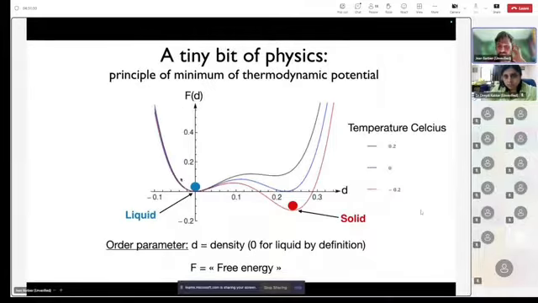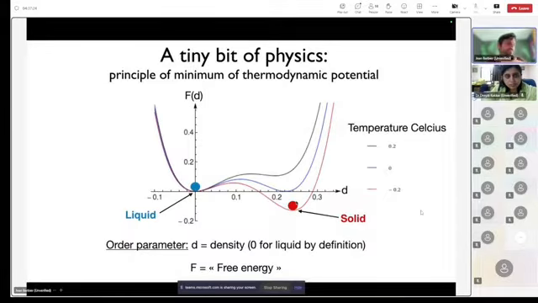And the free energy is a kind of function that tells you where the system lives, in the sense that you should always select the minimum of this free energy. So if the minimum is at the liquid state, you would observe in practice the liquid state. But at some point, if you decrease the temperature, you observe this red curve. Now the minimum is at the solid state.